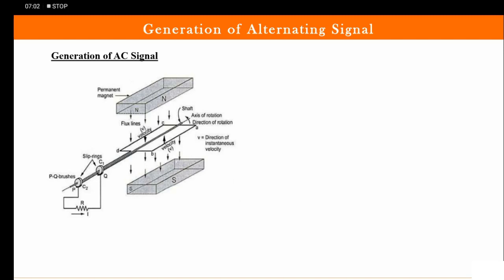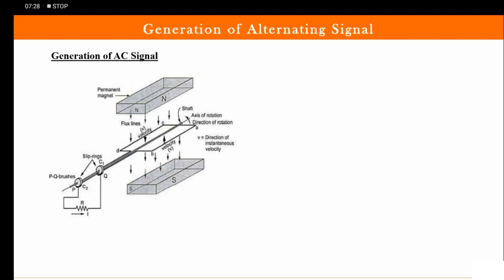Fine. And that EMF changes with respect to the speed of the coil which is rotated here. So this EMF frequency will be proportional to the speed with which the conductor is rotated. Fine. Now because of this EMF, current is produced and the current starts flowing.